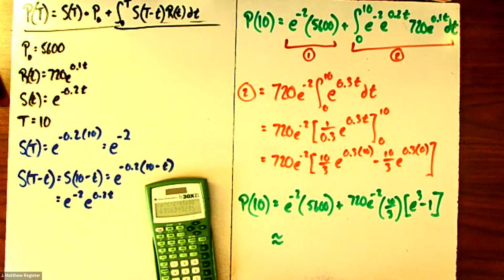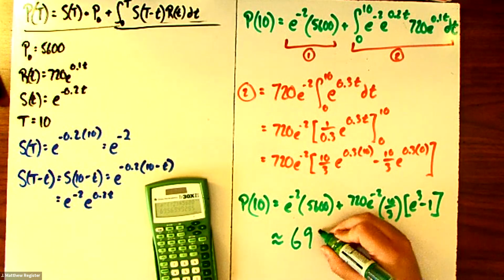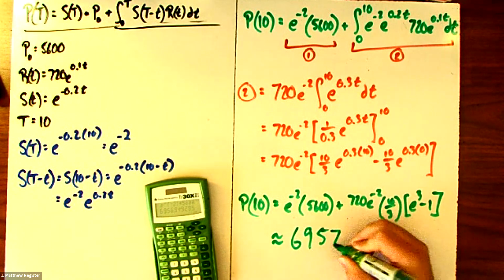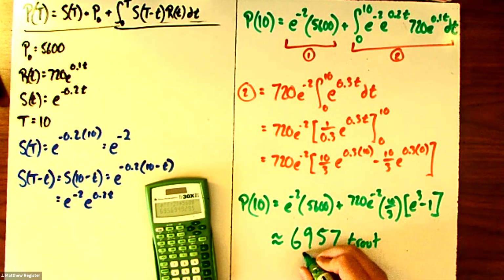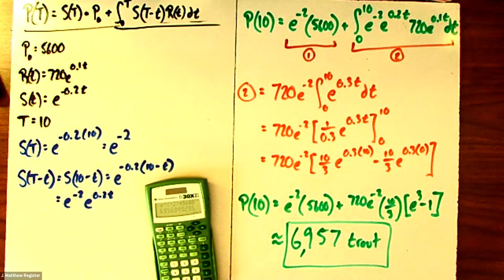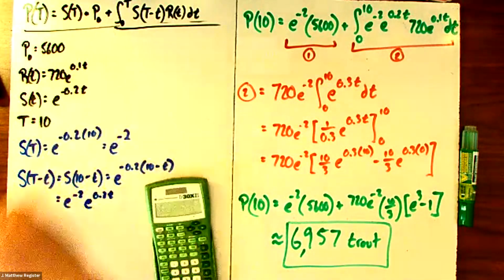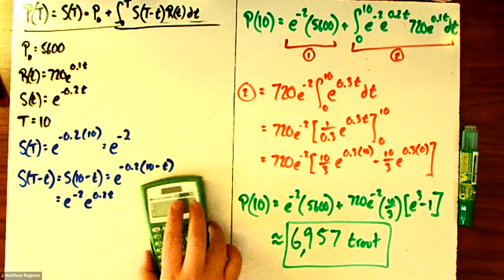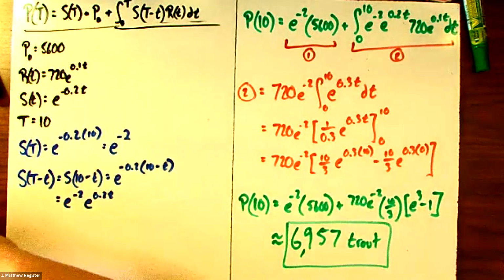And I end up getting 6,957 when we round. So this is saying that in 10 years, we would expect the population to be 6,957 according to this model. And so that's how you would do a problem like this.